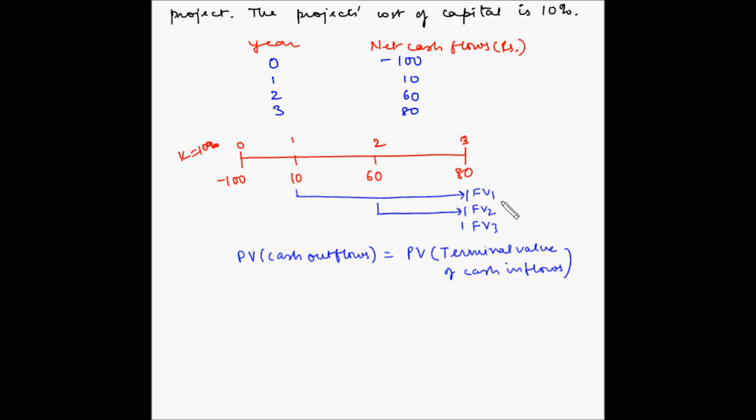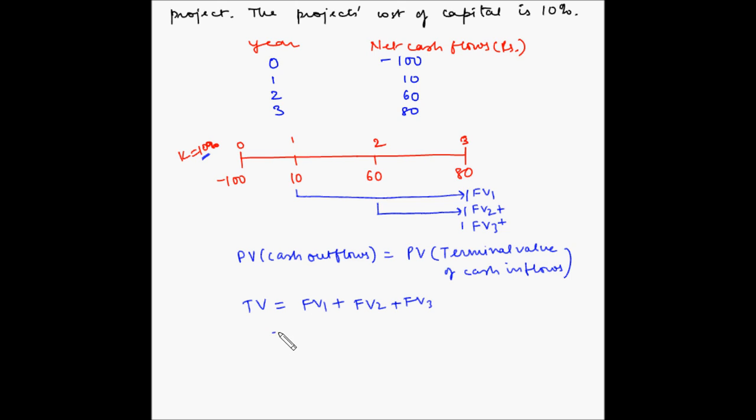So the terminal value will be the addition of all these three, and this future value will be found at the cost of capital. So TV, or terminal value, is equal to FV1 plus FV2 plus FV3.